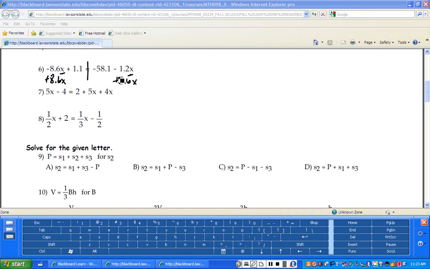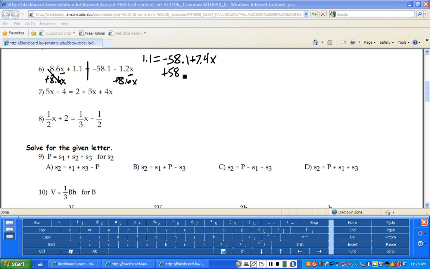Plus. And so when I do that, cancels on this side, left with the 1.1 equal sign, still have my negative 58.1. Alright, so now I say a negative 1.2x plus 8.6x, and that gives me a positive 7.4x. So now to get x by itself, I move the detached first, which in this case is the negative 58.1.